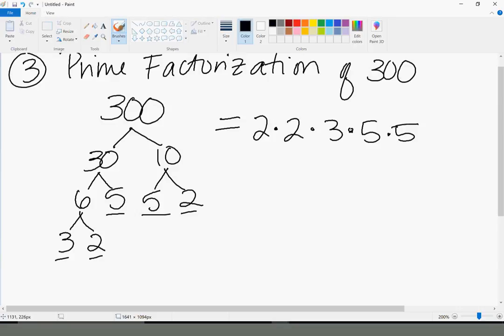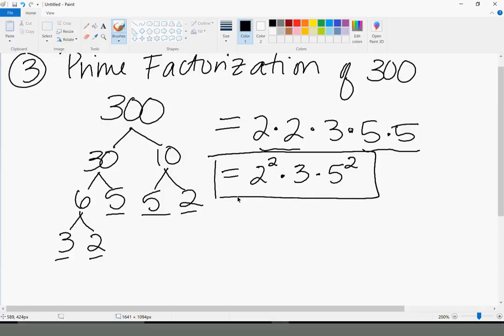But we can use exponents for repeated factors. 2 times 2 is 2 squared. We just have one 3, so times 3. 5 times 5 is 5 squared. So this is the prime factorization of the number 300.